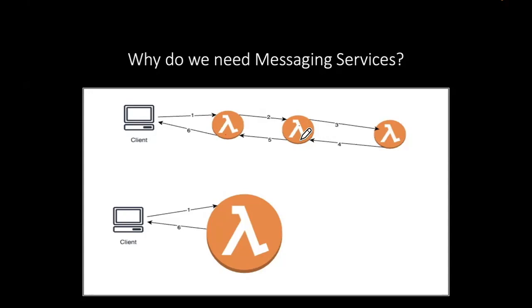Eventually, this Lambda will respond back to this Lambda, which may cause it to do some further processing. And finally, this Lambda then responds back to the client. So there is synchronous communication between these compute components, and that means that our client has to wait until all of this processing is completed before it gets a response back.